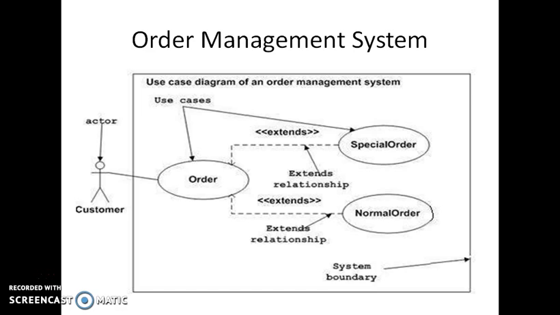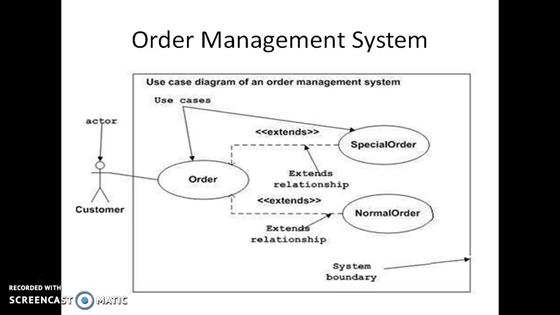Now here in this use case there is one actor called customer, and the use case is order, meaning order something. Then the second one is special order and the third one is normal order. Special order and normal order are the two types of orders.